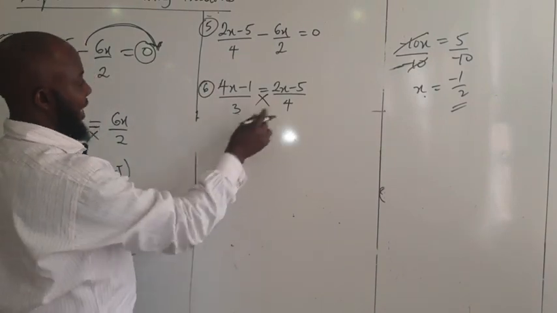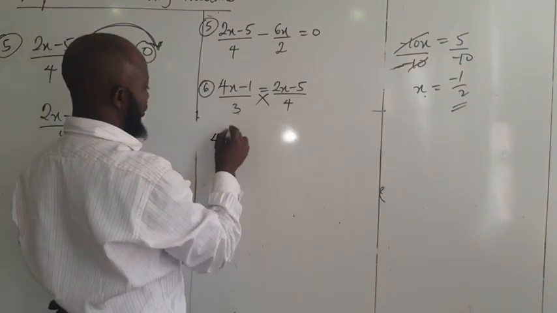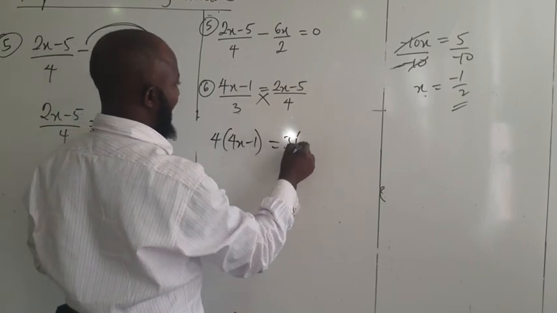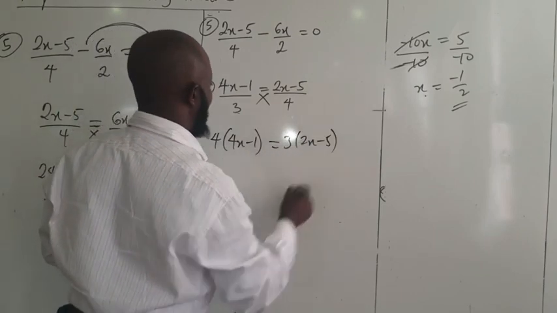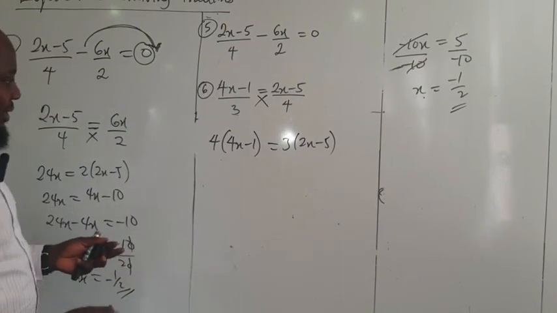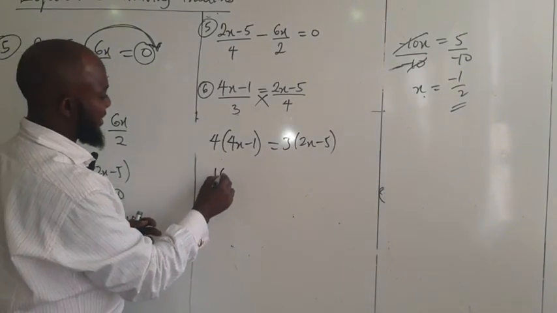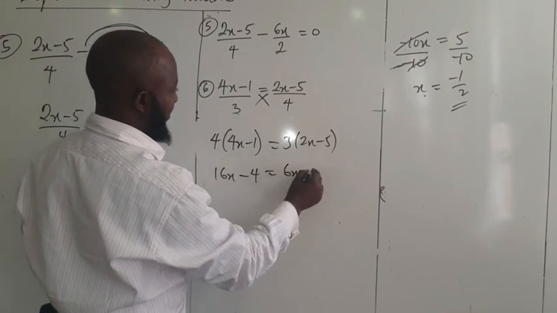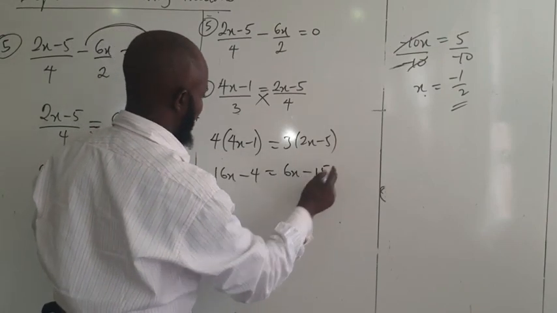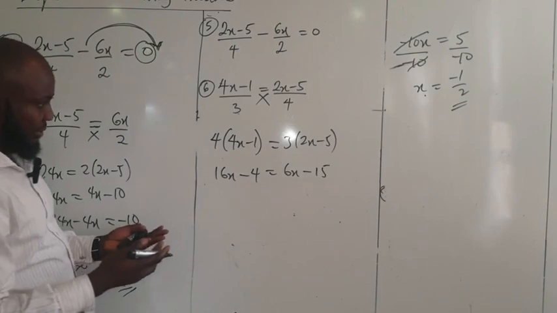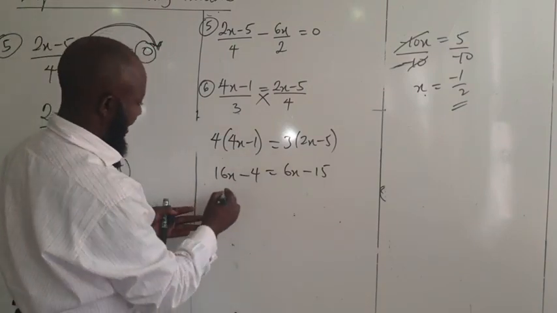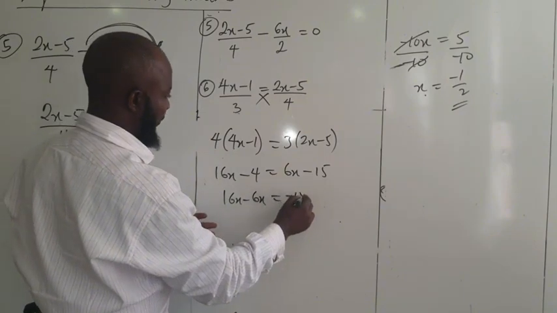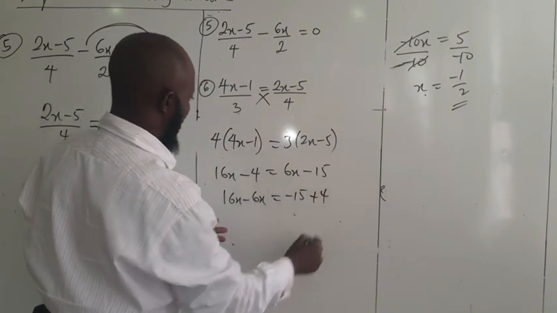So when you cross multiply, that is 4 into bracket 4x minus 1 equals 3 into bracket 2x minus 5. So we then open the brackets. This will give us 16x minus 4 equals 6x minus 15. So we collect like terms: 16x minus 6x equals minus 15 plus 4.